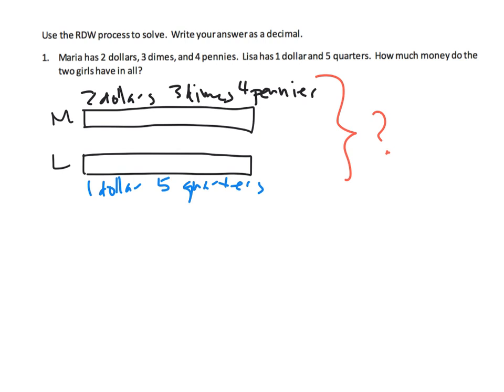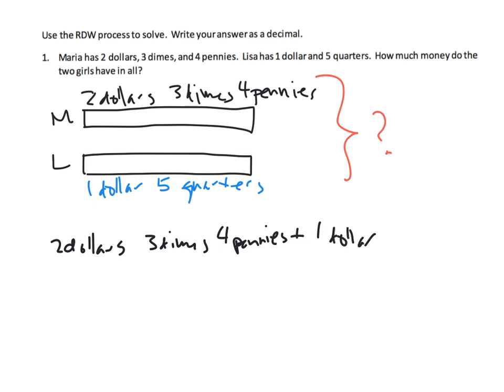And so all we have to do is add these 2 values, and I'm going to write that $2 again, 3 dimes, 4 pennies, plus we have $1 and 5 quarters.